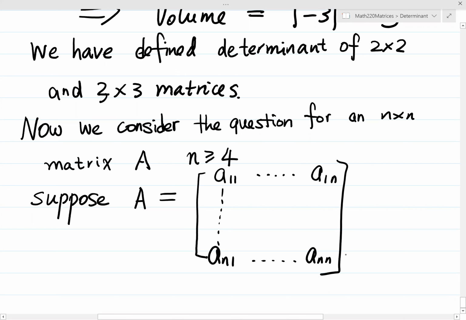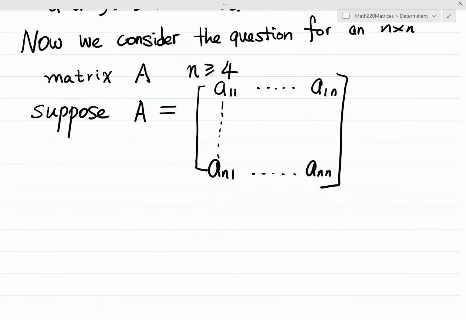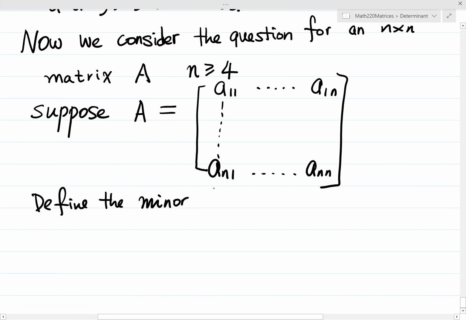Now we give a definition. This is exactly the same way that we defined the 3 by 3 determinant, using the definition of 2 by 2. So we define the minor of the ij entry, where ij means the ith row, jth column.